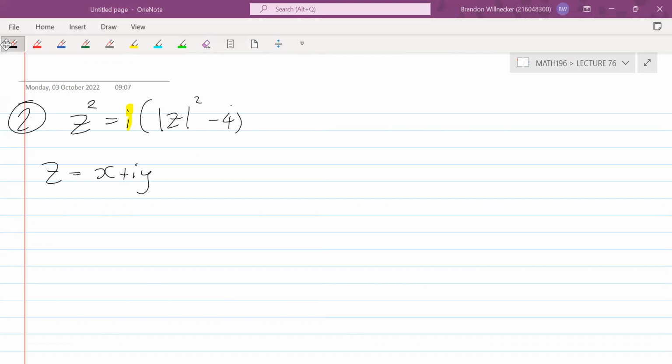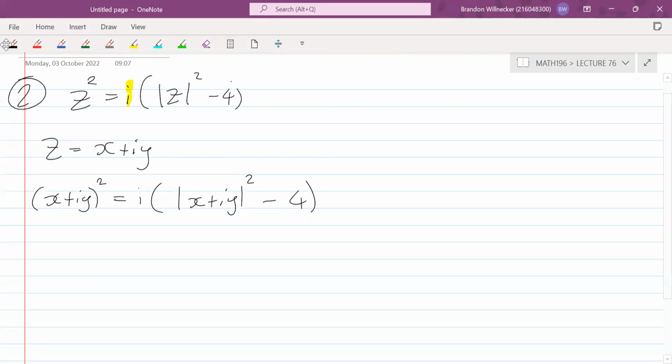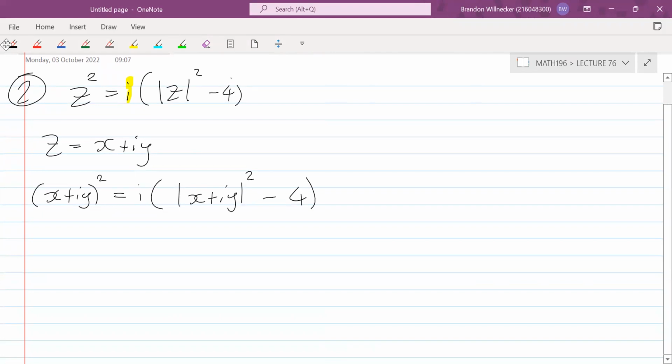Okay, good. So let's substitute. We're going to get z squared, that's x plus iy squared, is equal to i, don't forget that in front, absolute value of x plus iy squared minus 4. Let's do the left-hand side first.